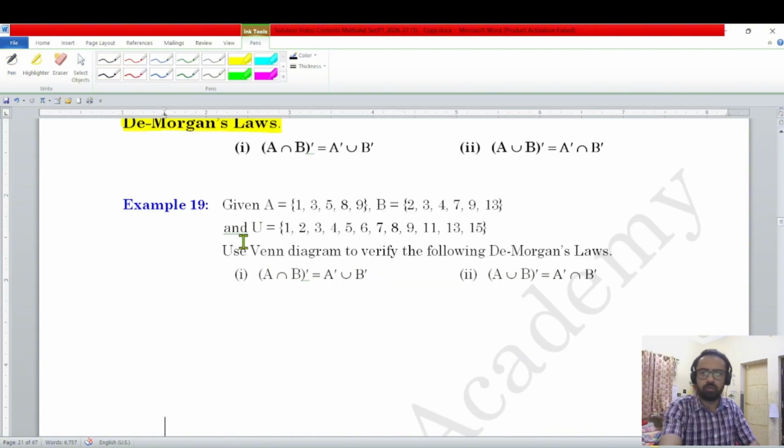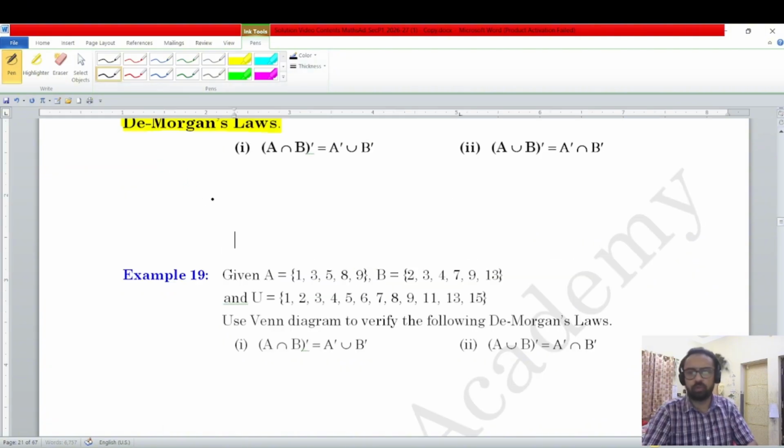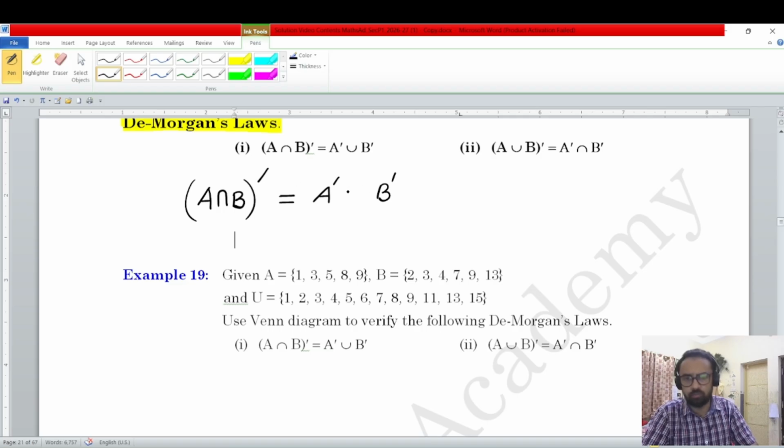De Morgan's law tells us if you have, say, A intersection B, and if you apply complement on them, then what will happen? Their individual complement between the sets and intersection complement will be union. So it will change. Intersection complement will become union, and exactly reverse the other one.